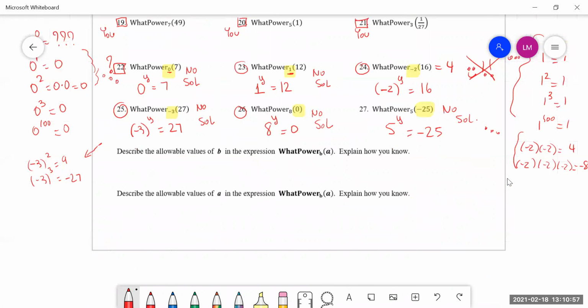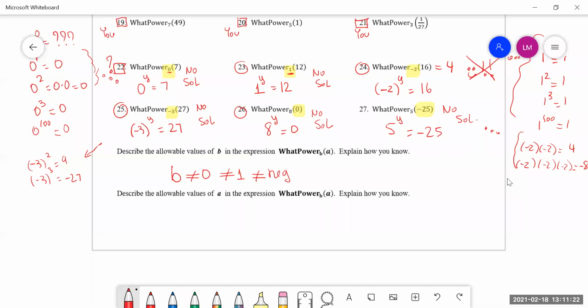Our base B cannot be 0, cannot be 1, but it can be positive numbers, right? Oh, it cannot be negative either, right? Negatives are unstable, sometimes works, sometimes doesn't work.